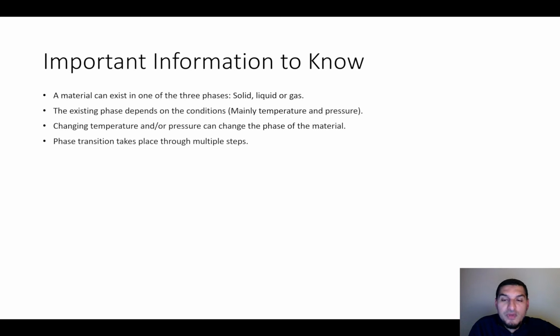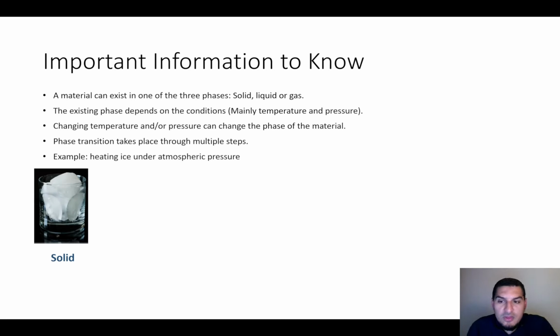The phase transition from solid to liquid to gas takes place through multiple steps. So let's say we have ice. This is what we start with, just ice. And we want to see what steps this ice would go through in order to reach the state of water vapor.